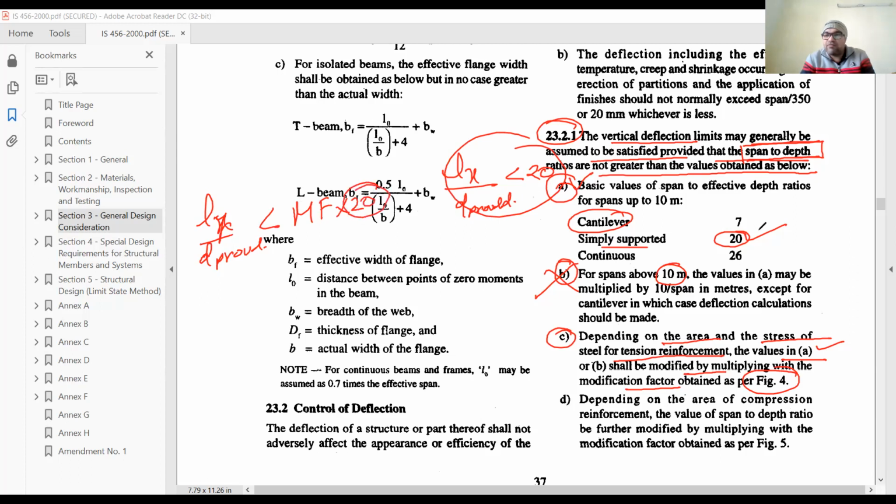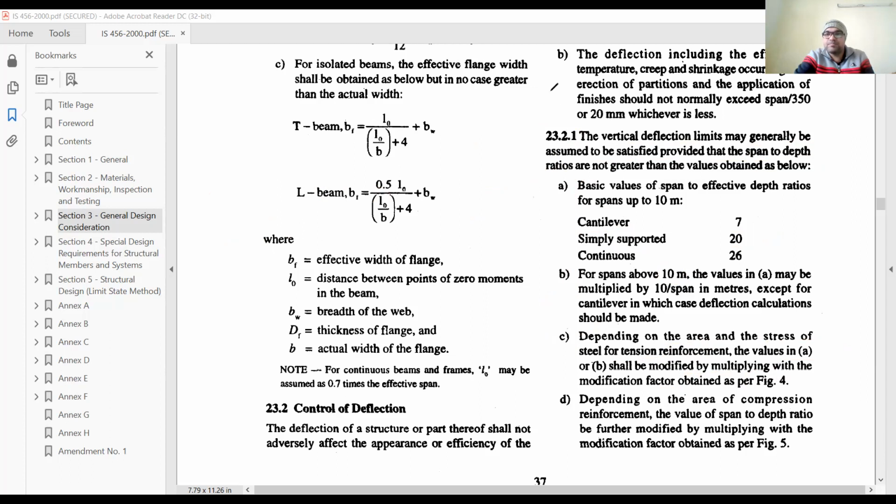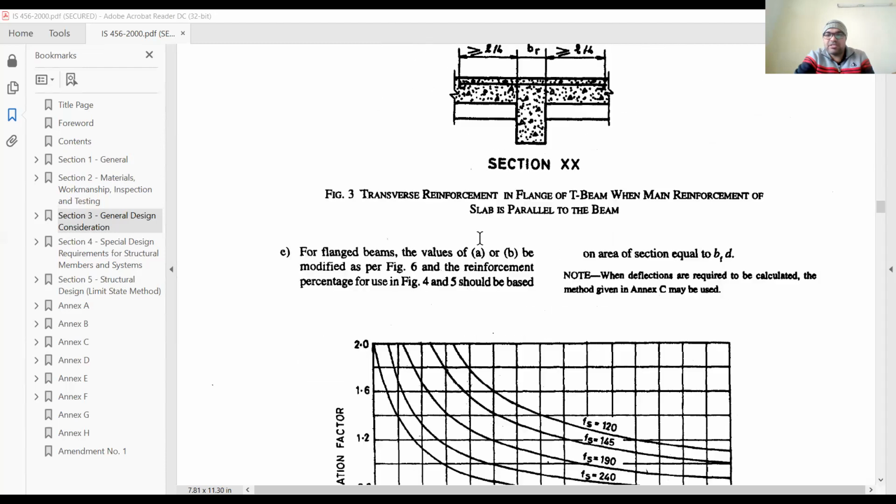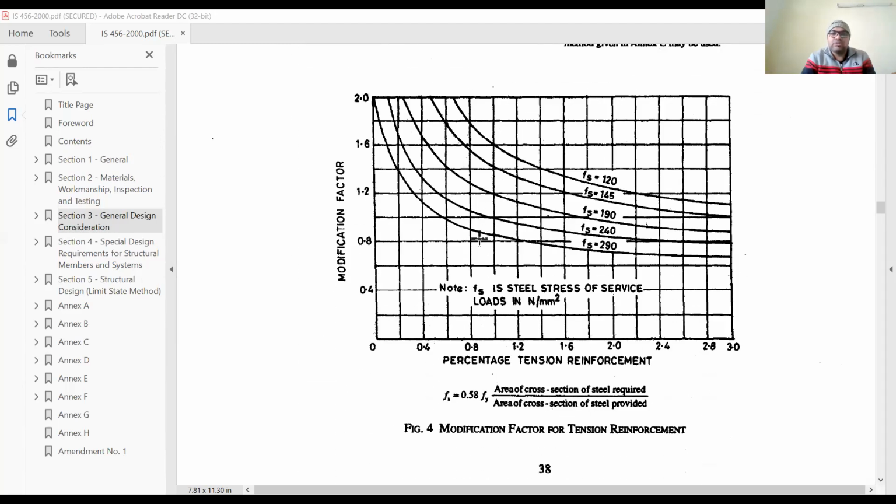So this 20 we have got from here. Now this MF we will get from point C, which is dependent on the tension reinforcement, and it is also dependent on the figure. What is the figure that we will see on the next page, which is figure 4. So figure 4 is this one. This is the figure that we are going to use to calculate the modification factor.